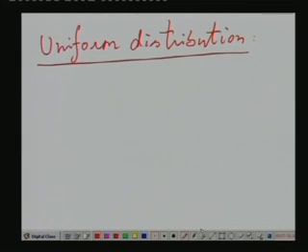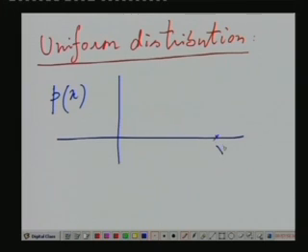Okay, this means in this case, this is something like this, take two numbers x2, x1, within this density function has a constant value, but to the right of x2 and to the left of x1 its value is 0.